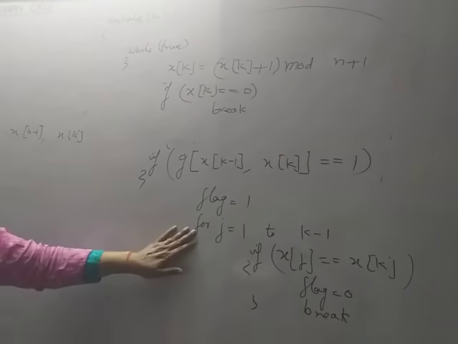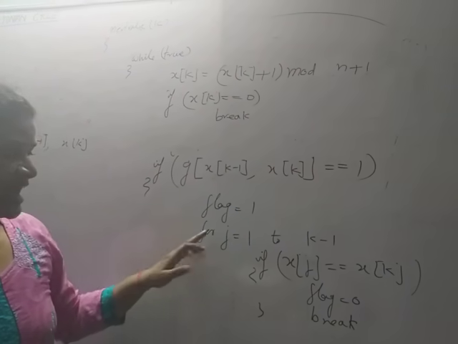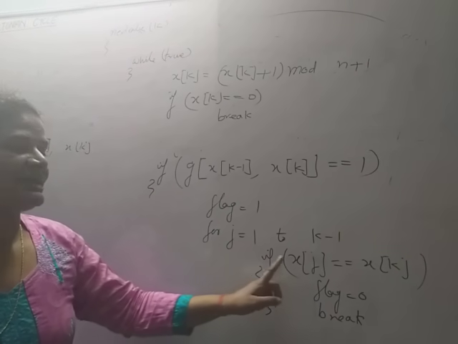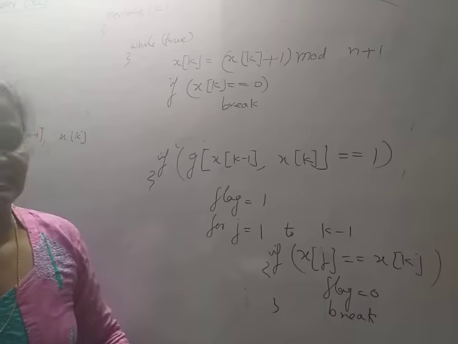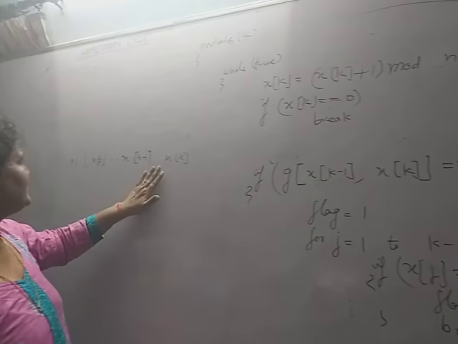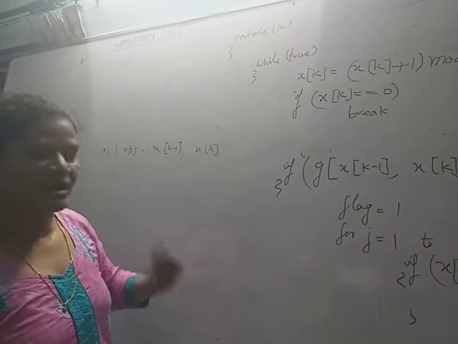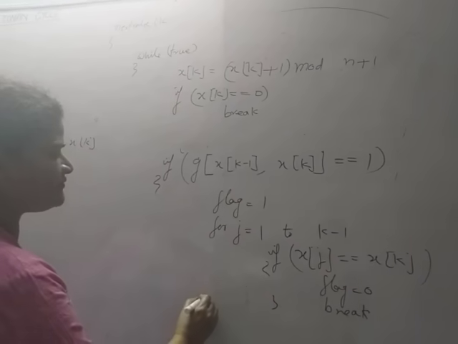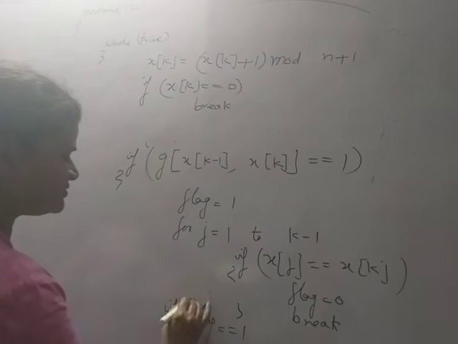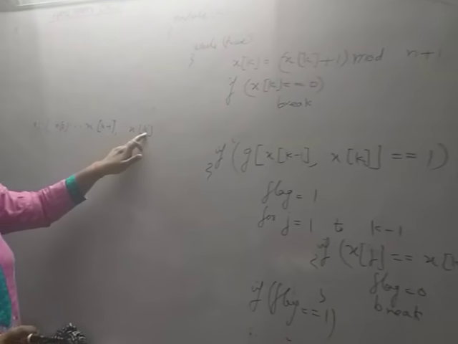Suppose flag equal to 1 after the termination of this loop. It means that xk is different from all xi's from 1 to k minus 1. So if flag equal to 1, there are two conditions: either k is less than n.